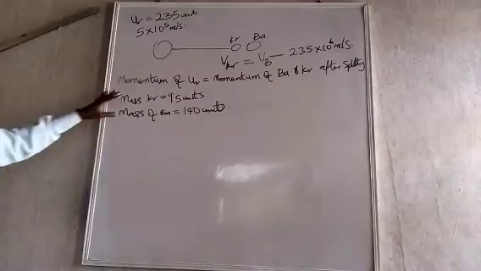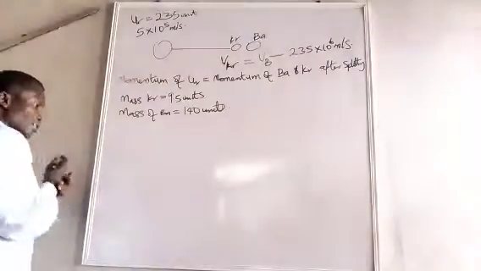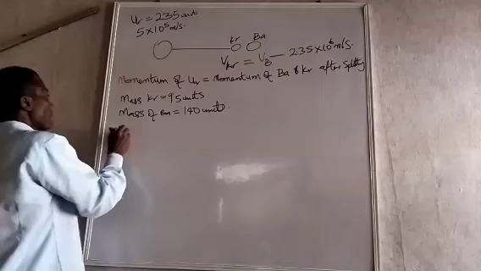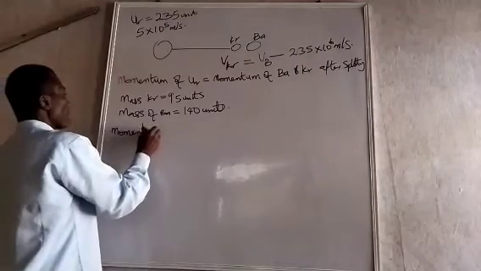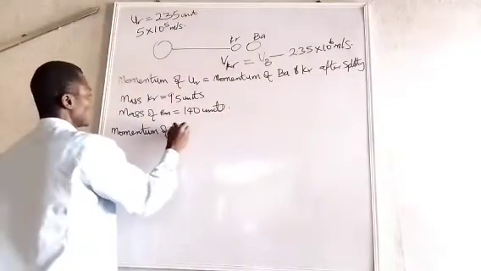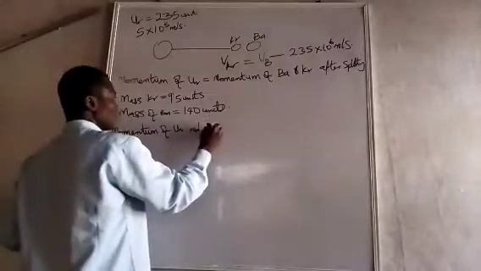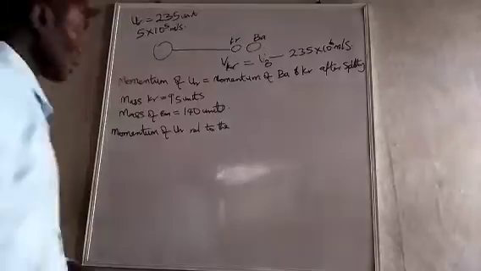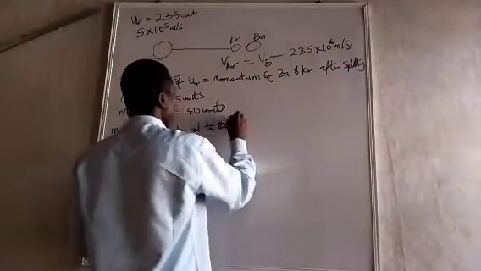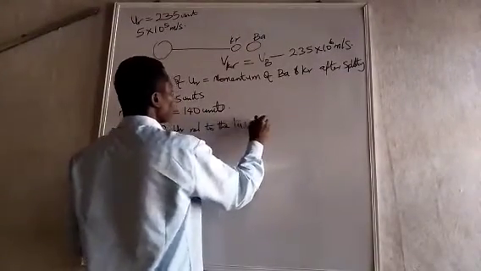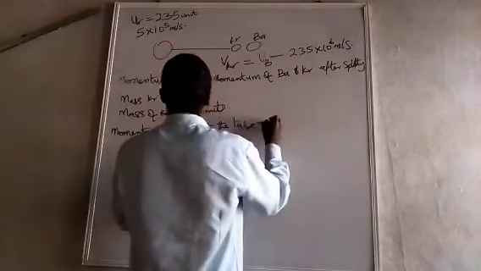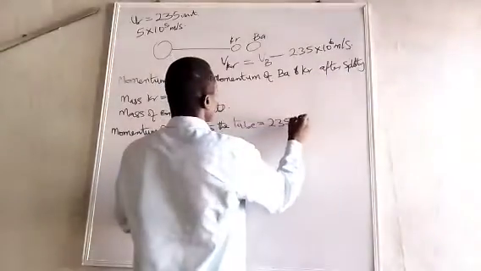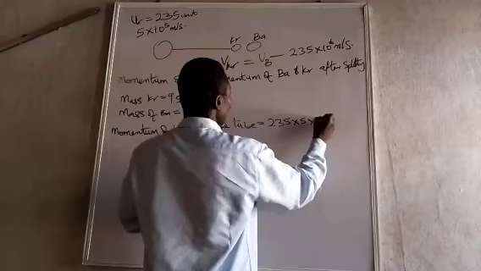Now, what is the momentum of uranium relative to the tube? The momentum of uranium relative to the tube is equal to 235 times 5 times 10 to the power 5.